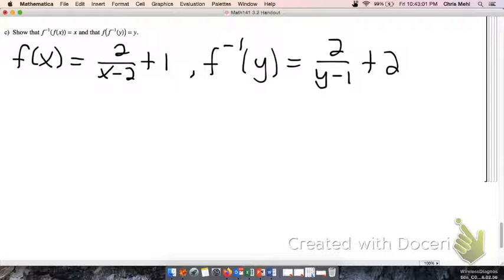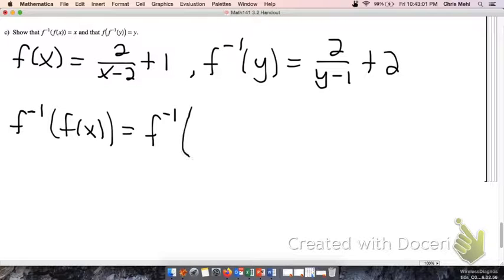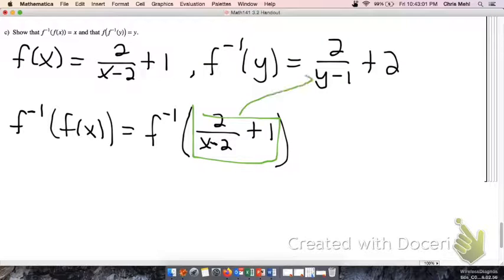Now I'm going to do f inverse of f of x, and I'm going to show that this equals x. So replace f of x with its equation. This whole piece right here is the input, which gets plugged into the inverse for y.